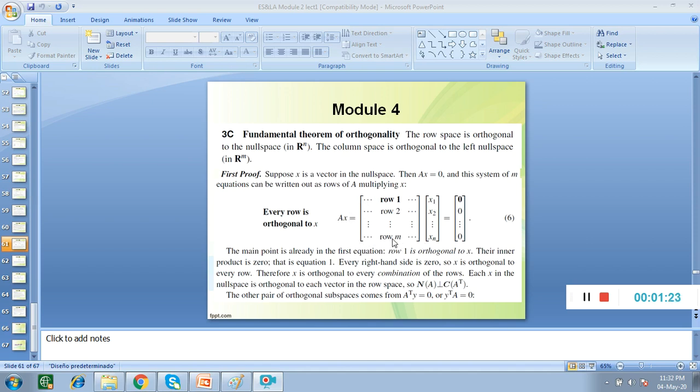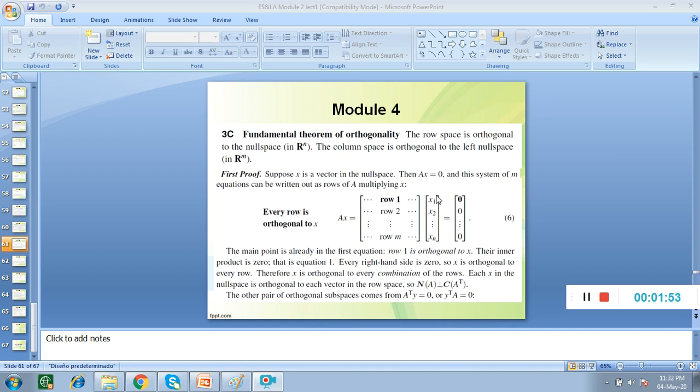If it has m number of rows and n number of columns, then the number of unknowns should be n. So these n number of unknowns are orthogonal to the row space. The row space is orthogonal to the null space in Rn.